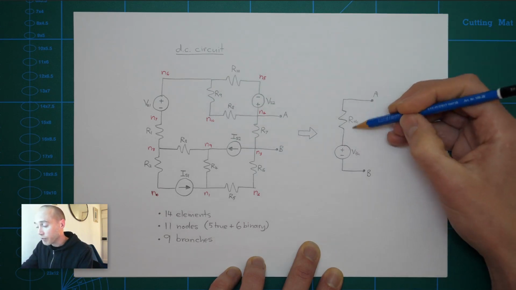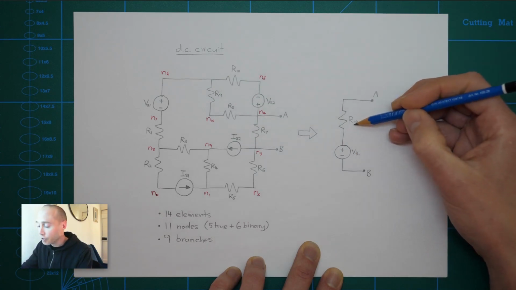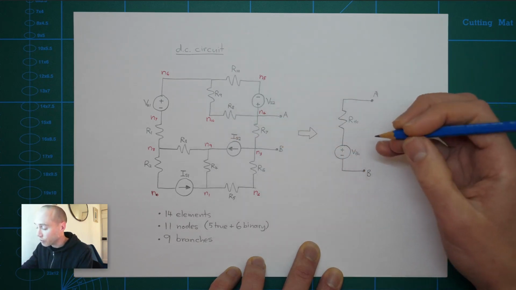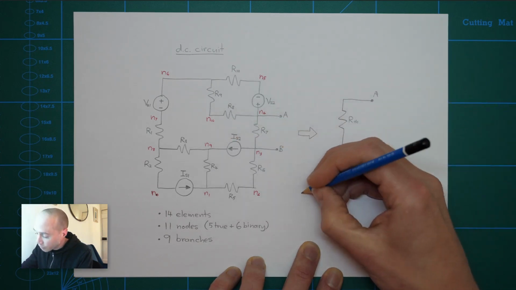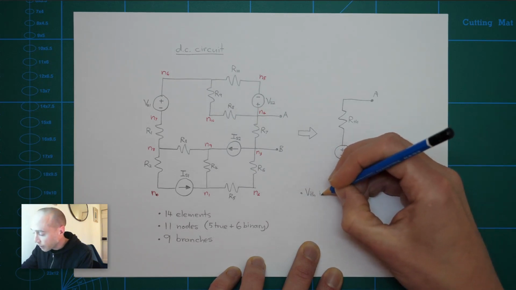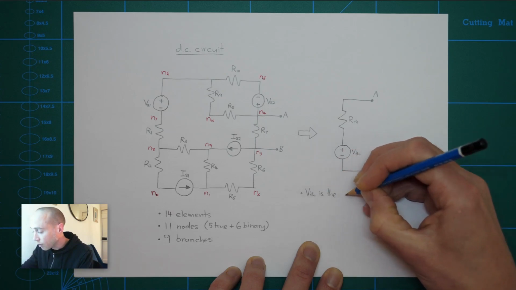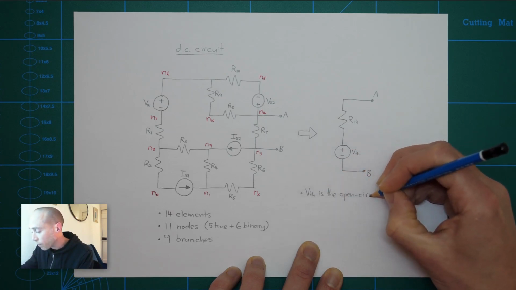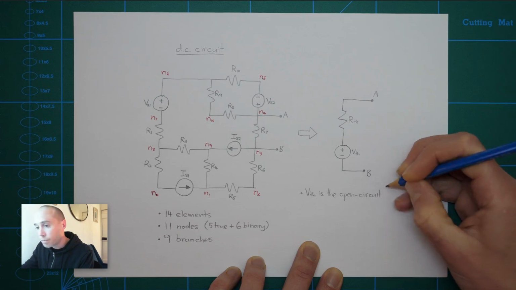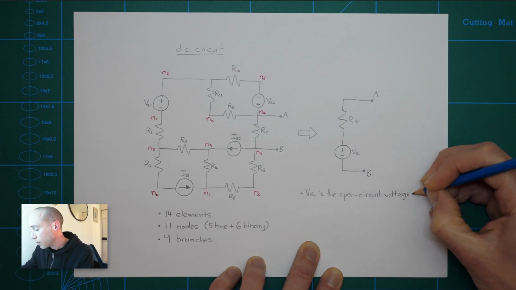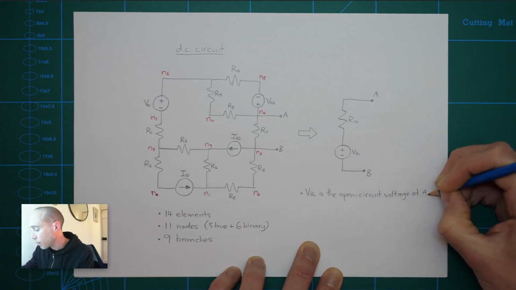Now, of course, you must have the correct values for VTH and RTH in order to reproduce the behavior of this circuit. So the question is, how do we choose the values of VTH and RTH? Well, the Thevenin voltage, VTH, is the open circuit voltage at AB.